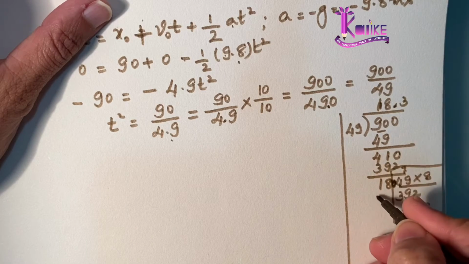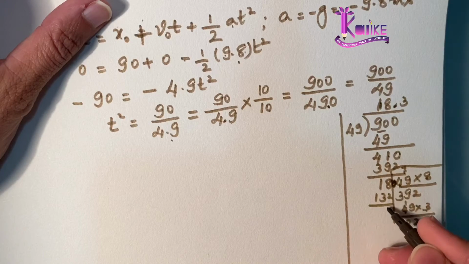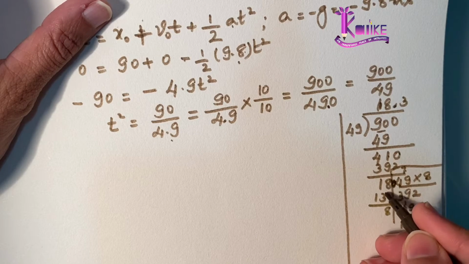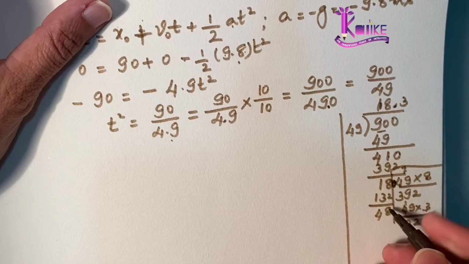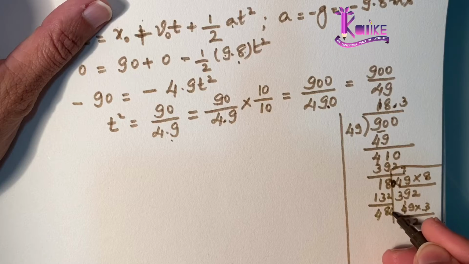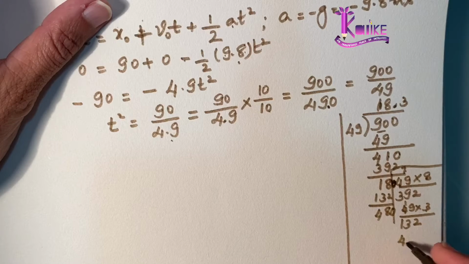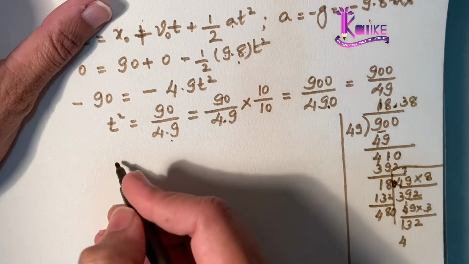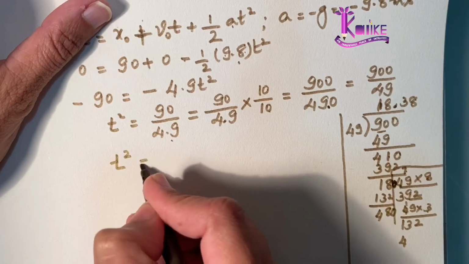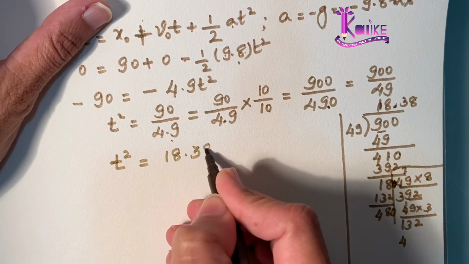So therefore it will be 147. 180 minus 147 would be 10 minus 7 is 3, and 7 minus 4 is 3. So with the decimal point, you can borrow one more 0, and then I multiply this with 8. So 8 is 392. So therefore I can easily write t square will be equal to 18.38.